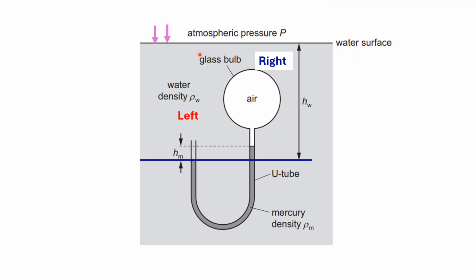Now we have the atmospheric pressure above, and we have the pressure in the water, as this side of the tube is open to the water, so we have the pressure of the water acting right here in this open side. There is no pressure acting here because it's a sealed bulb.